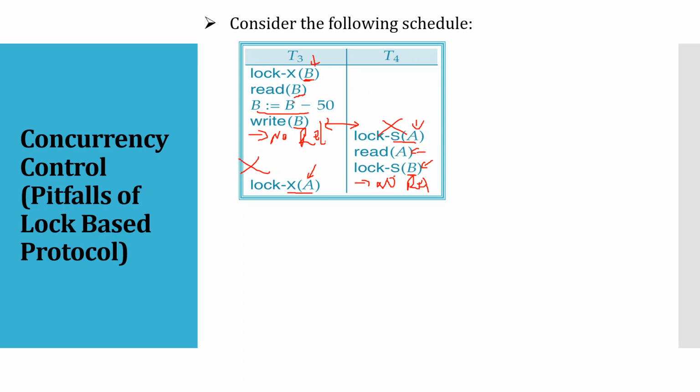None of these transactions will be able to perform, because this transaction depends on that one to release, and that one depends on this one to release. So both depend on each other for their locks to be released, and none of the transactions will be executed.